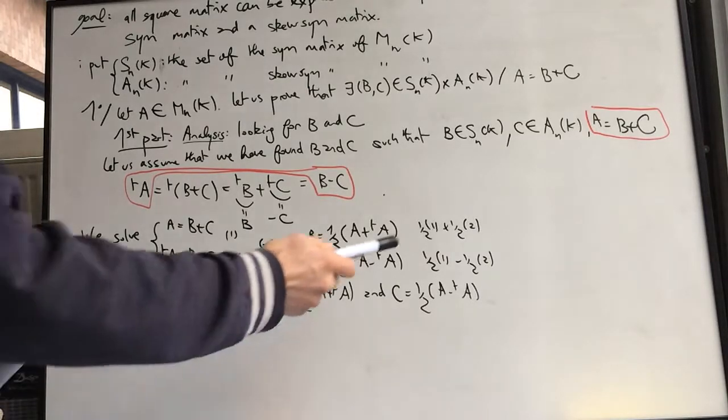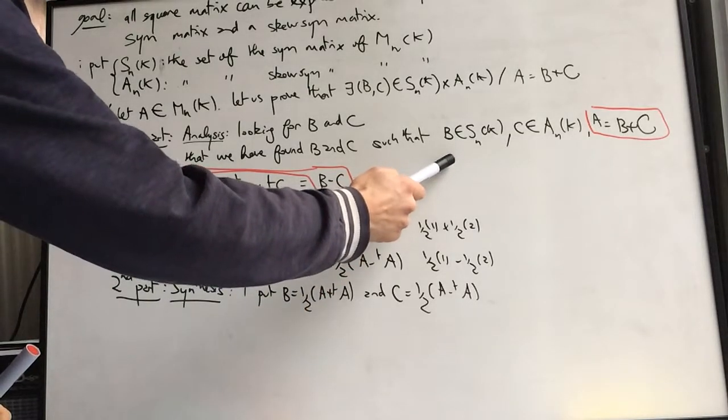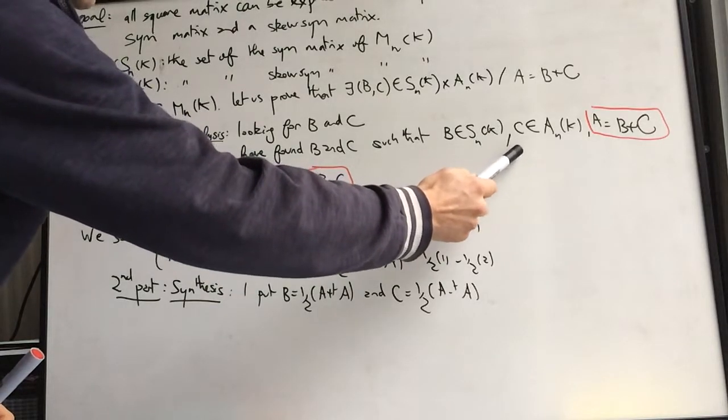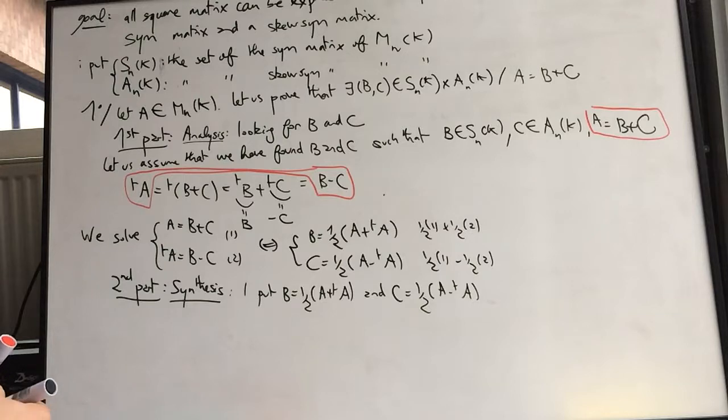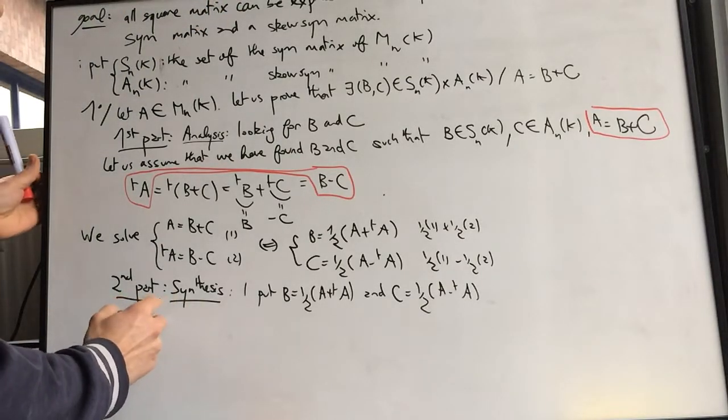That is to say, B is a symmetric matrix, C is a skew symmetric matrix, and A is equal to B plus C. Let's go.